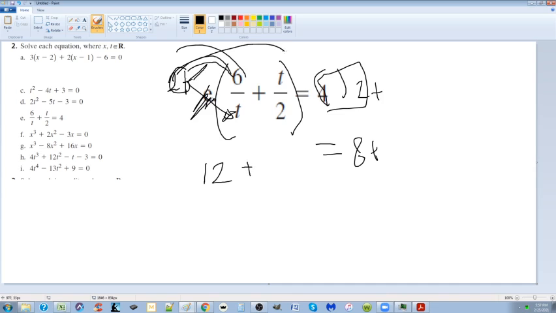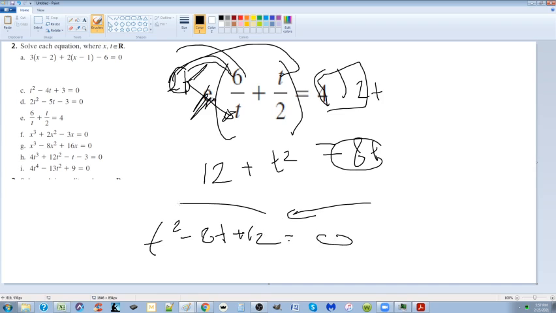Then plus 2t times this t is 2t squared, divided by 2 is just t squared. So now I have 12 plus t squared is equal to t. Get everything on the one side, and you can easily discover the factors and solve.